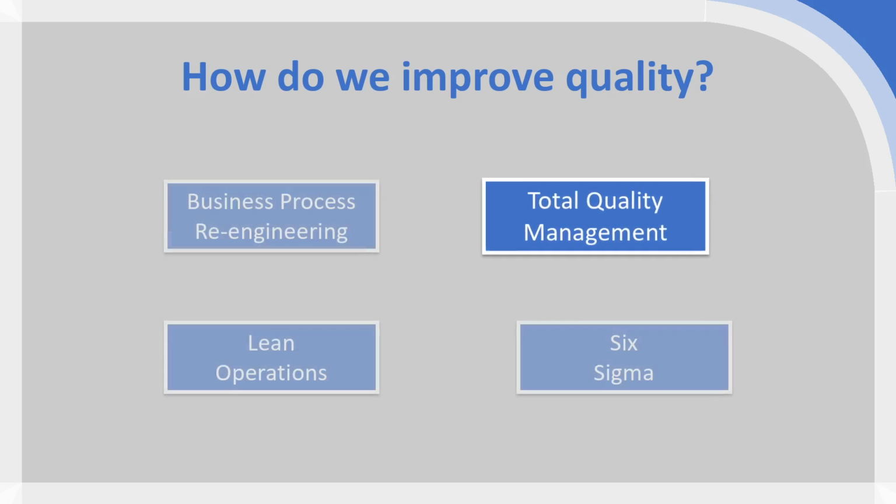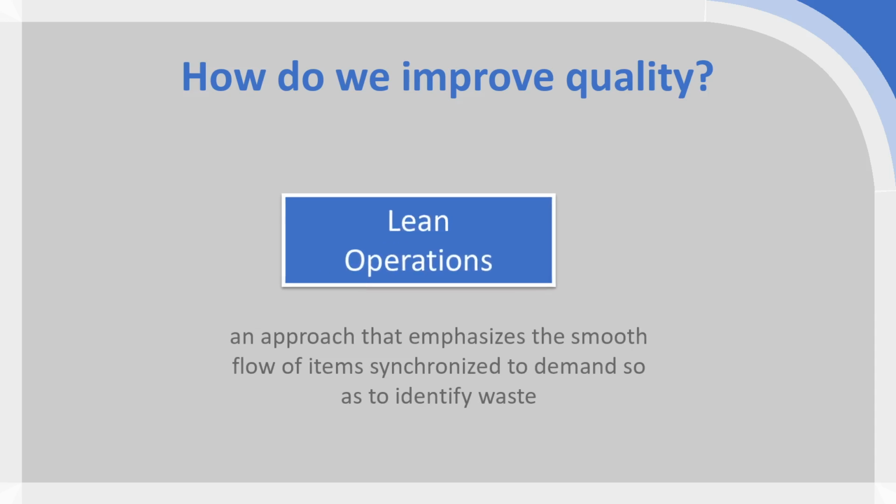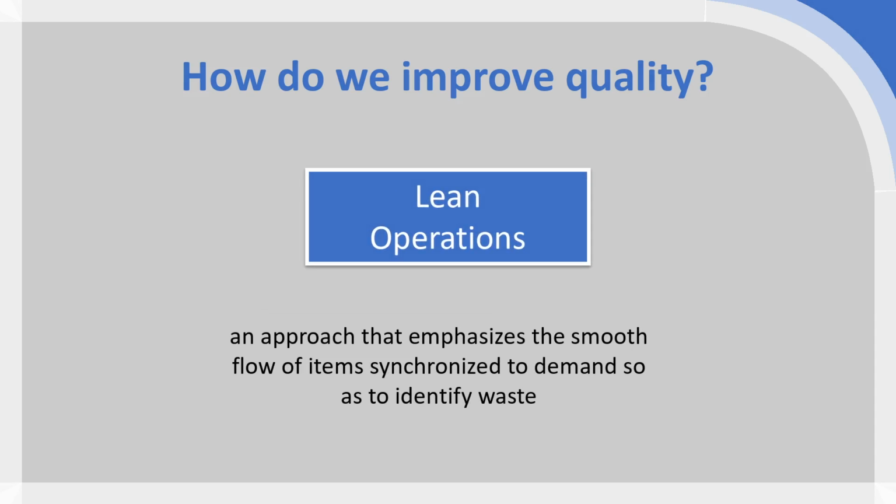Our third approach is going to be lean operations. This is often called lean manufacturing as well. And this is a really distinct approach towards organizing our operations and improving quality that emphasizes minimization of waste rather than anything else.